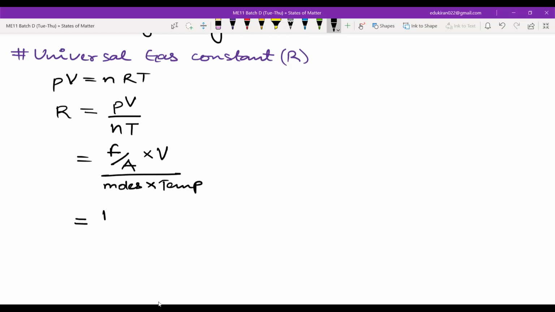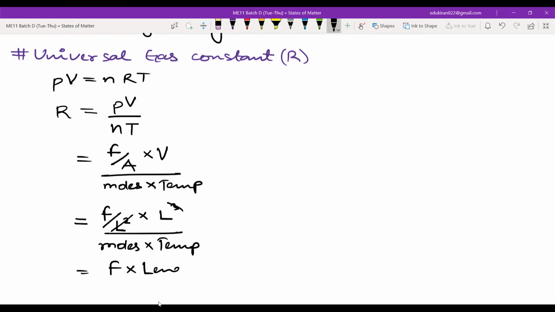Hence force upon area is force upon length squared, and volume is length cubed, divided by moles into temperature. Now we can cancel the L squared with the L cubed, and there will be just L left. So we can write force into length upon moles into temperature.